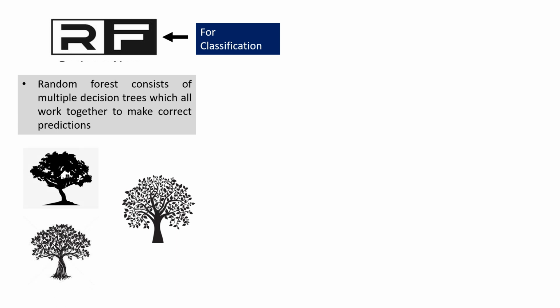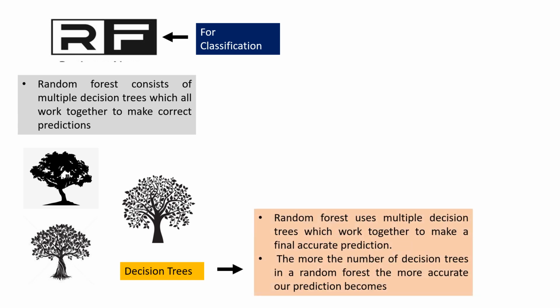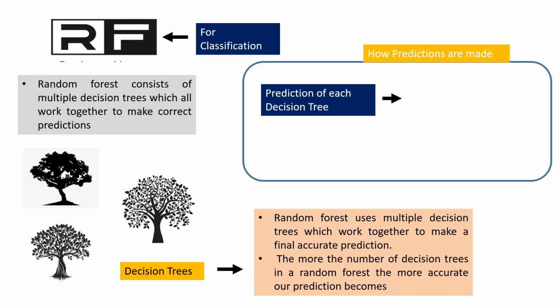For that, voting is done and the prediction with the majority vote is selected as the accurate prediction. In simple words, random forest uses multiple decision trees which work together to make a final accurate prediction. The more decision trees in a random forest, the more accurate our prediction will become.